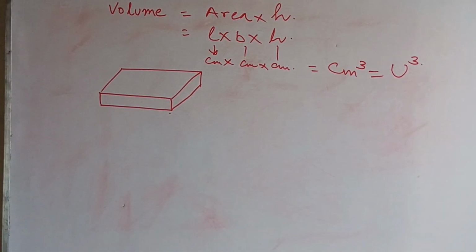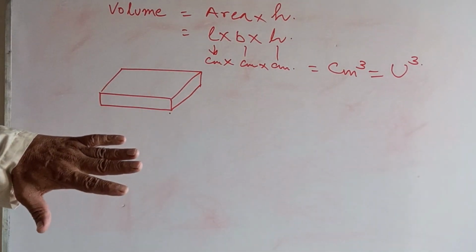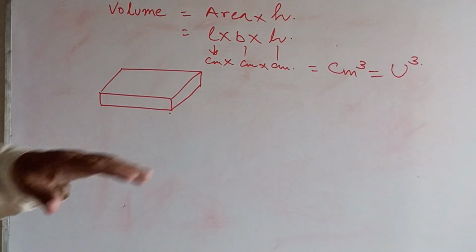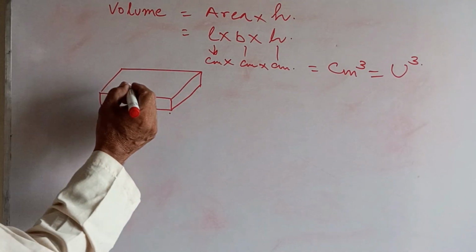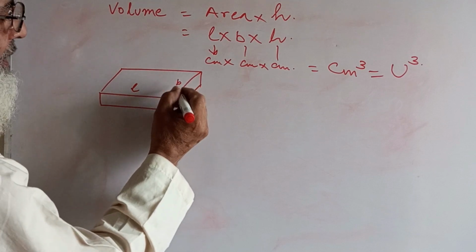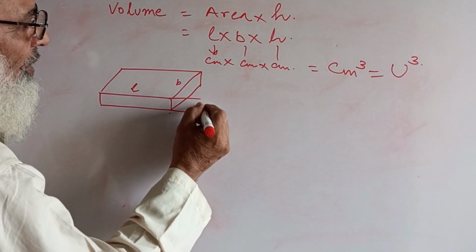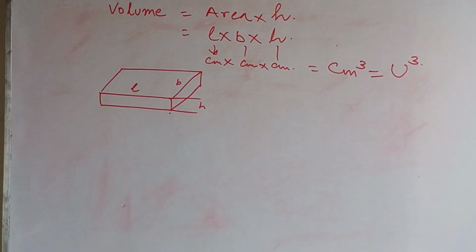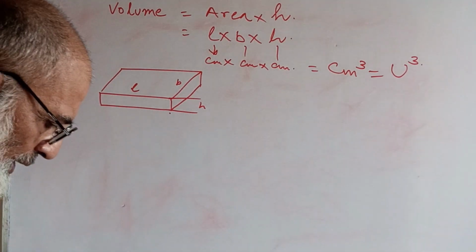Now you see, it is the board which I have placed like this. This is the length, this is the breadth, and this is the height. This is the height of this board, or whatsoever geometrical figure we have. This is also called the cuboid.